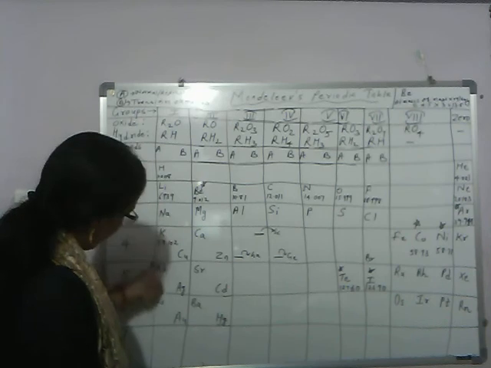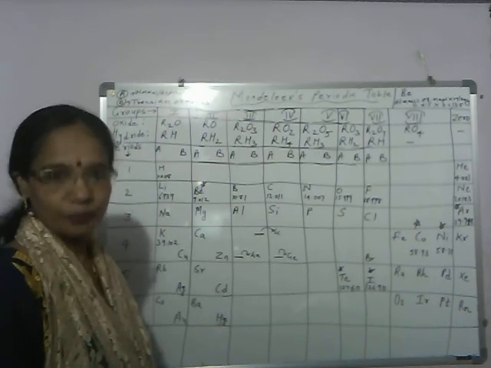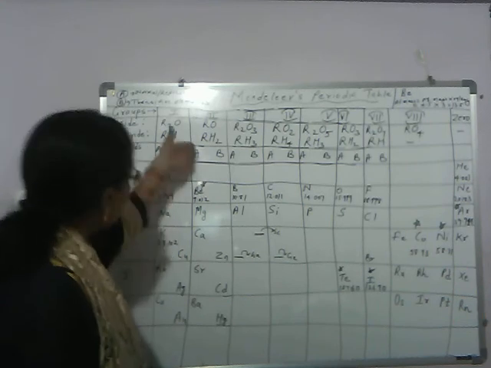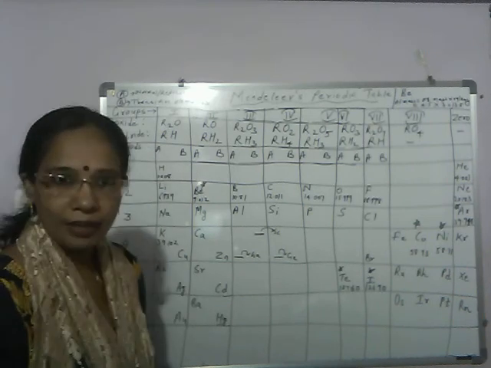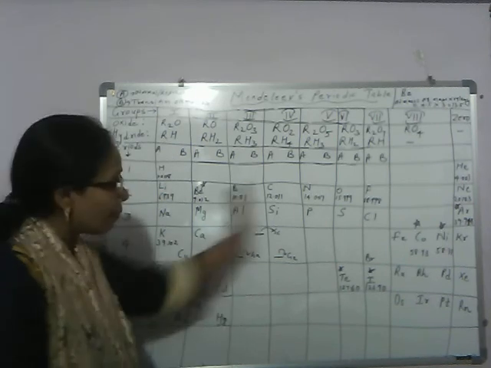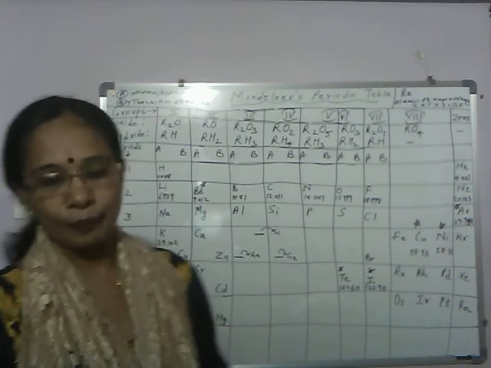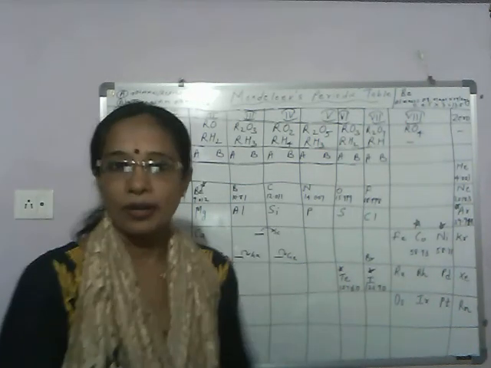So these were the elements: lithium, sodium, potassium, rubidium, cesium. Properties were similar. So he placed in one group, one vertical column. Then beryllium, magnesium, calcium, strontium, barium. Properties were similar. So he pinned up one after the other this way. This way the complete 63 elements when he did, what he found, the elements automatically got arranged in increasing order of atomic mass.